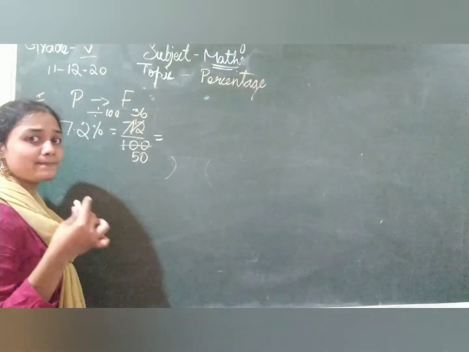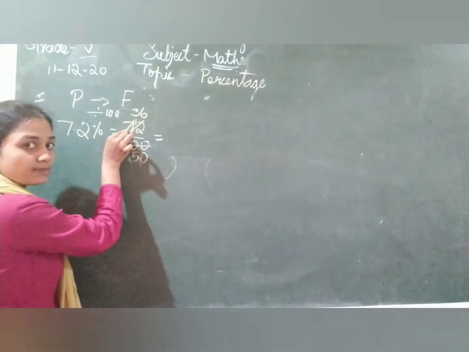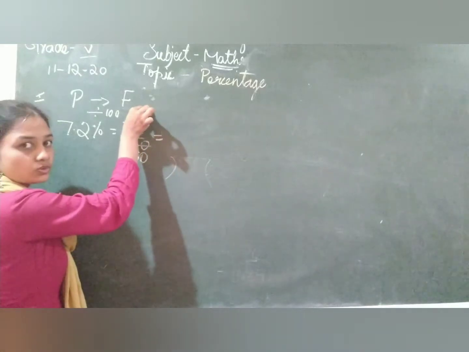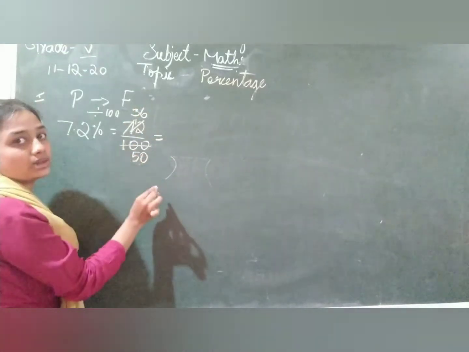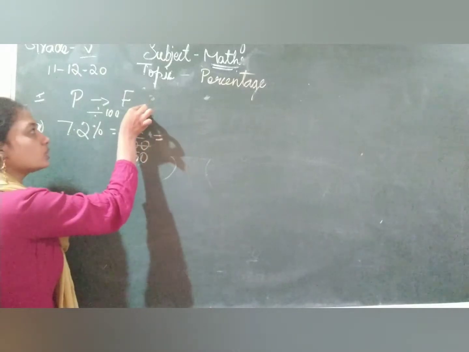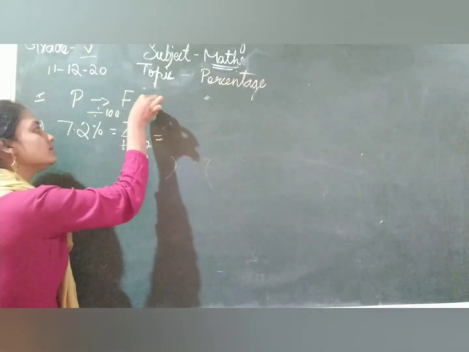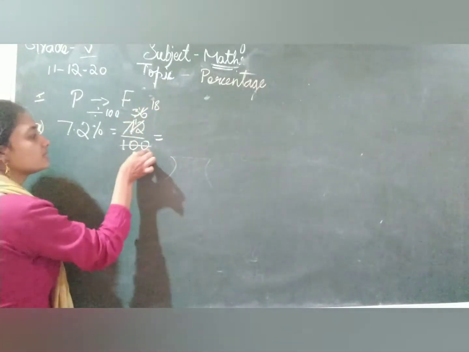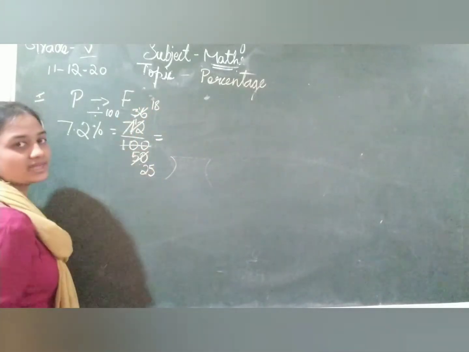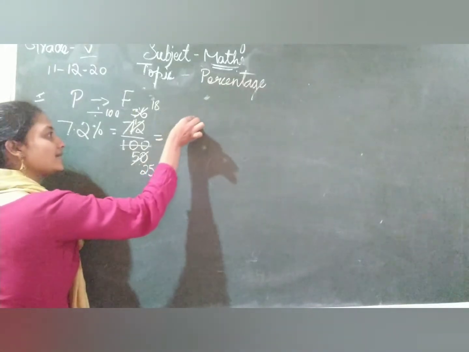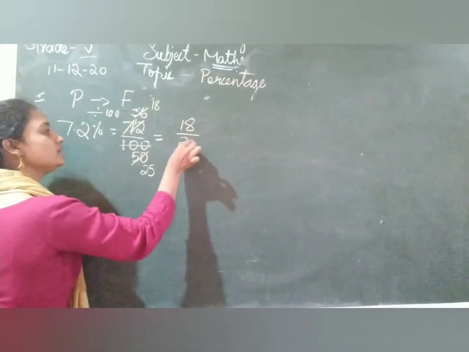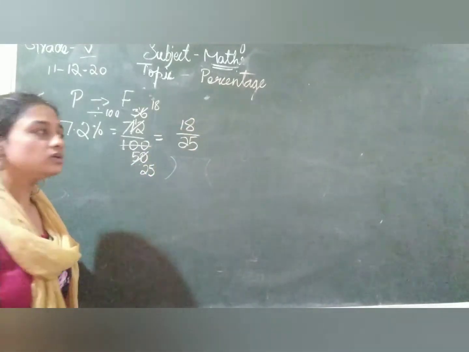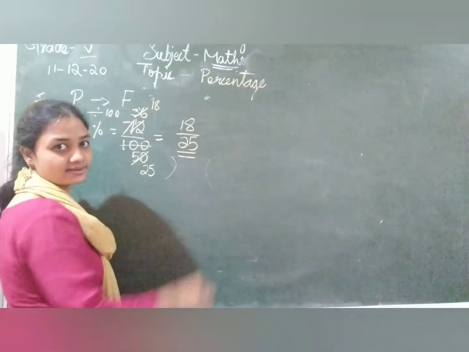See, when I am dividing, I am making sure I am dividing this by 2, and I am dividing this also by 2 only. So let us divide by 2 again. What do I get? 2 1s are 2, 2 18s are 36, 2 25s are 50. So what is the answer I get? 18 by 25. I can't cancel this further. So this will be my final answer.